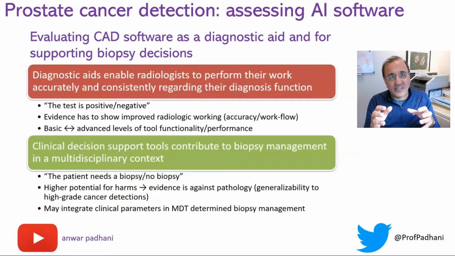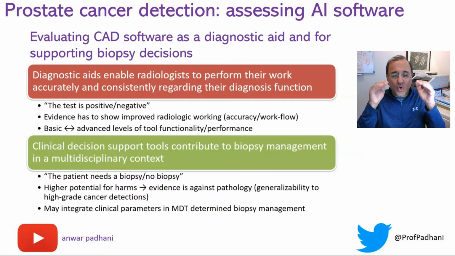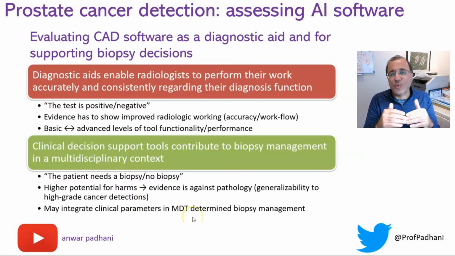So the evidence in this particular instance is against pathology, not against a radiologist. So a much higher level of evidence, and of course in this function you have to integrate other clinical parameters such as PSA and family history into biopsy management decisions.